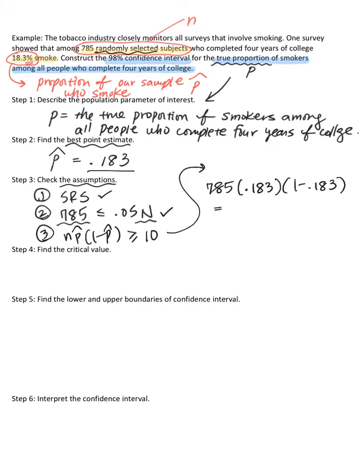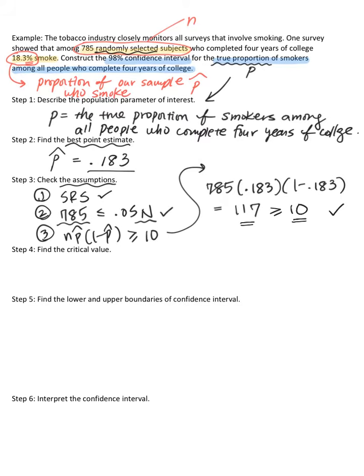When you punch these numbers in your calculator, you're going to get 117 point whatever comes after that. But you can just write 117, because what we care about is that this number is more than 10. As long as we can check that, it's good enough. So check. That means we just verified the normality of the distribution.